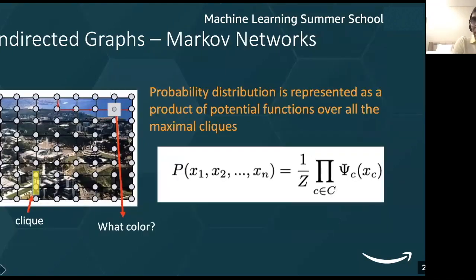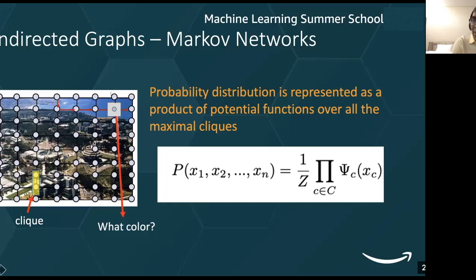Okay, so I'm going to take a brief diversion here. While we mostly remain focused on directed graphical models and Bayesian networks, I'm going to touch upon undirected graphs in this particular slide. As mentioned earlier, undirected graphs result from situations where a clear causal relationship cannot be established between the nodes. For example, the image on the left is tiled into m cross n nodes, with each node connected to 4 of its neighbors with no directionality inherent.